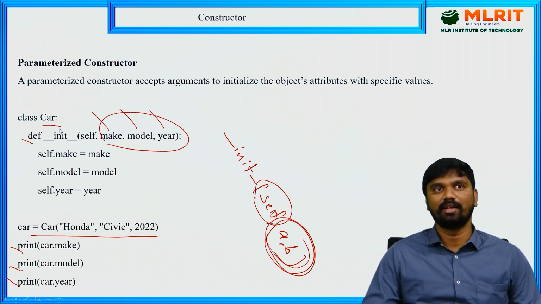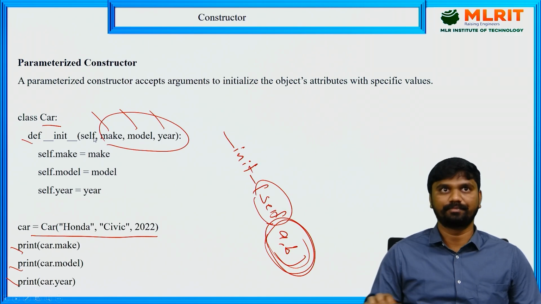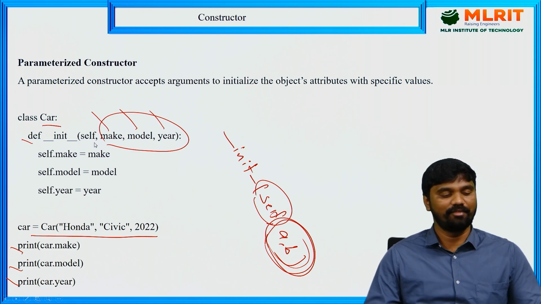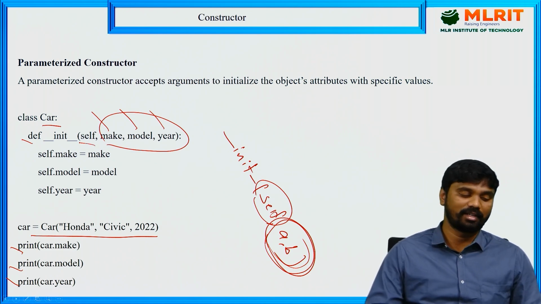And here the self variable. What is this self variable? Here the self variable represents the current class object. That means at the time of object creation, the current class object's unique identity value will be assigned to this self variable, at runtime.